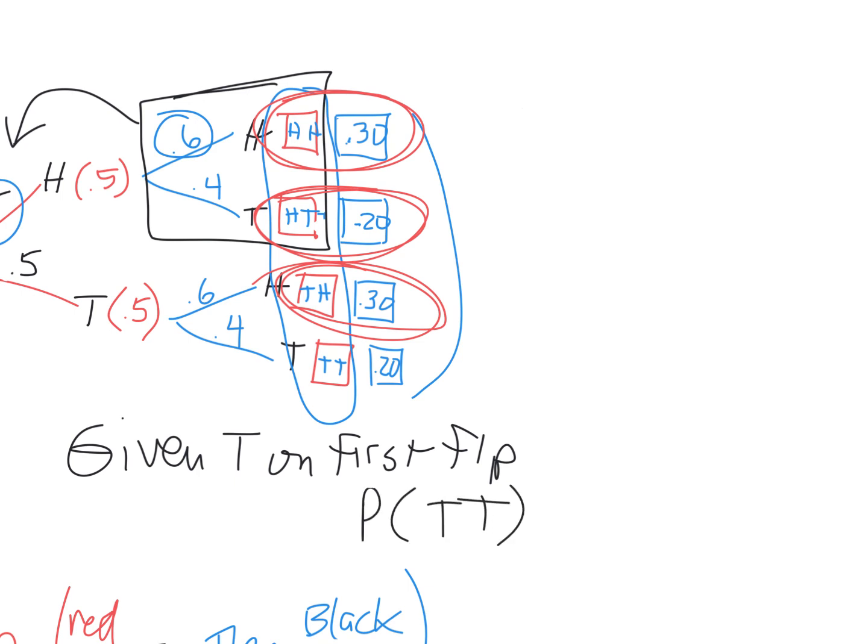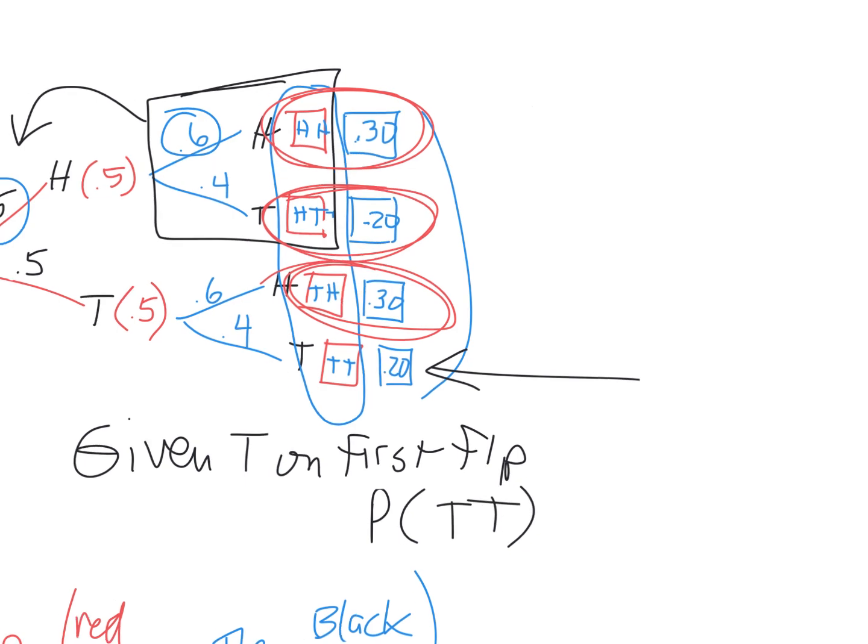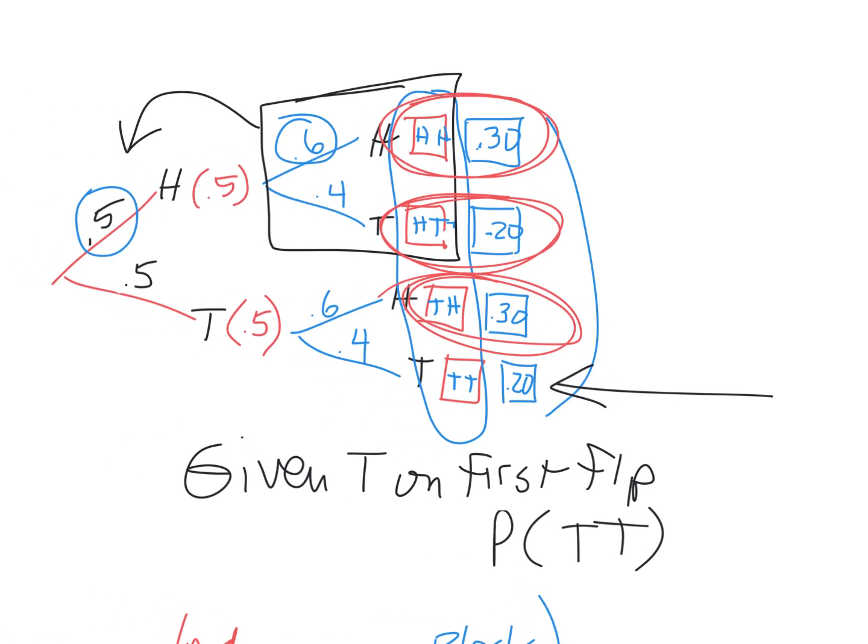Now you might think it's right there, Mr. Server. Nope. It's not 0.2. Given that it was tails on the first flip. Don't say it, please. If you have a question, you can ask me a question. Don't just say the answer. Okay. Got to give people time. Given it was tails on the first flip, figure out the probability of tails, then tails. All right. Write down what you think it is. Talk to the kid next to you.